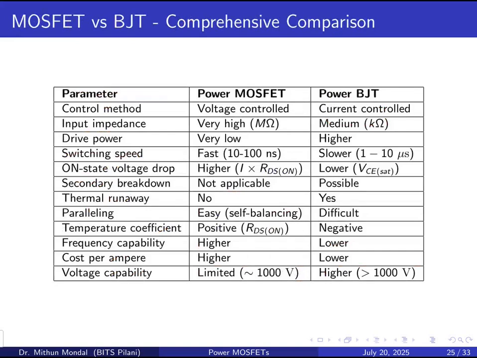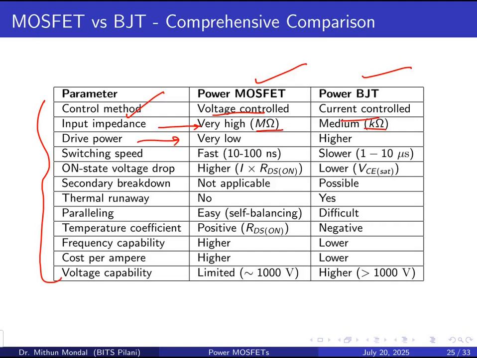This is the comparison of the power MOSFET with the power BJT for different parameters. Starting with the control method, we know that MOSFETs are voltage control devices, whereas BJT is a current control device. Input resistance is very high for the MOSFET, in the mega ohm range. Power BJTs is medium, that is kilo ohms.